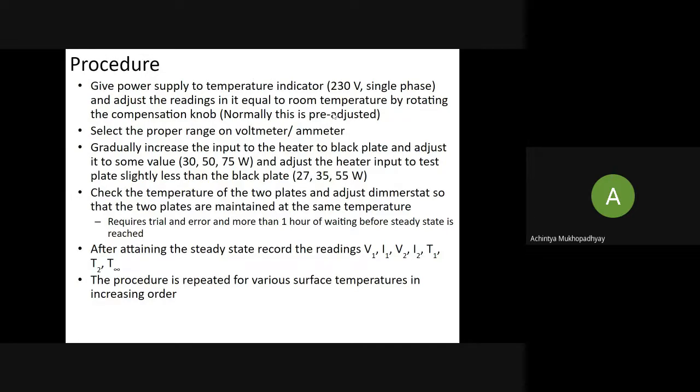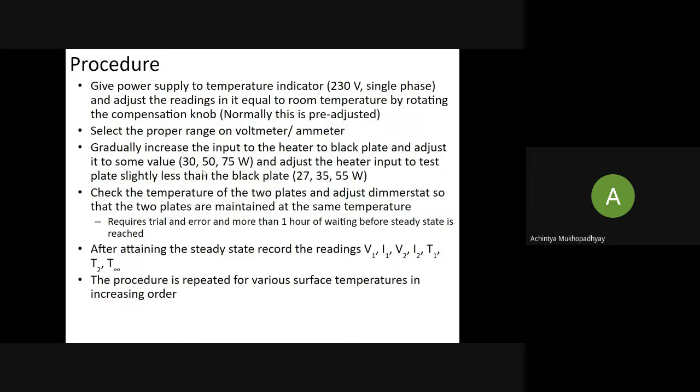Then select the proper range on the voltmeter or ammeter. That means you choose the range in which you expect the current and voltage values to fall. Gradually increase the input to the heater of the black plate and adjust it to some value, say 30 watt, 50 watt, 75 watt, and simultaneously adjust the heater input to the test plate slightly less than the black plate.